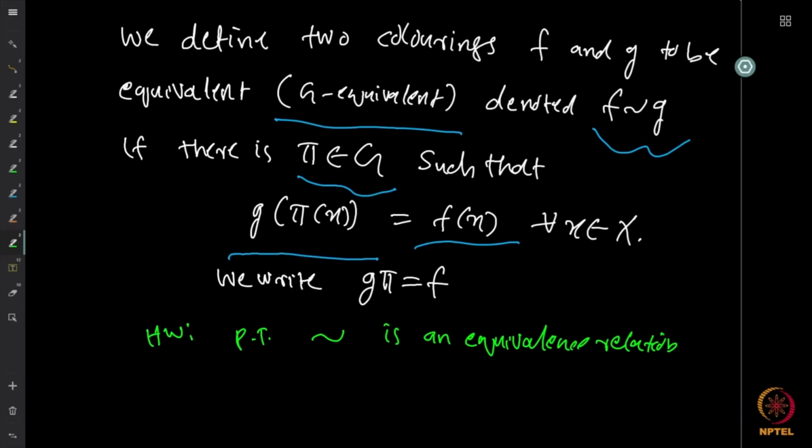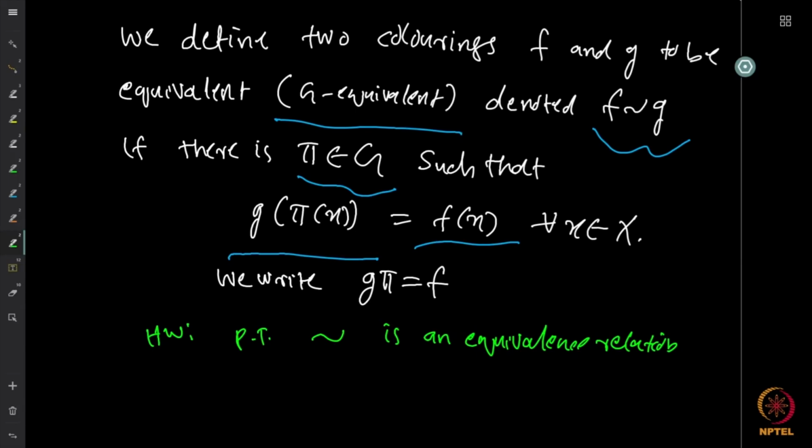So we define two colorings f and g to be G-equivalent, and we denote it by f tilde g, right? So f tilde g says that f and g are equivalent if we can find some permutation in G, because G is the symmetric group.